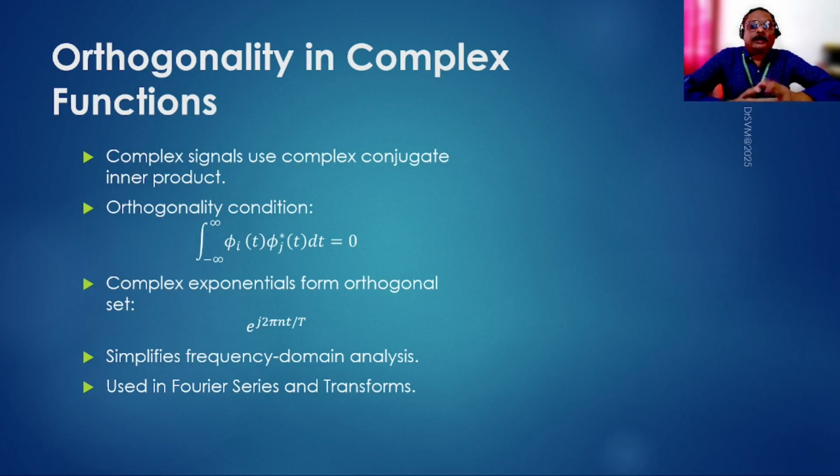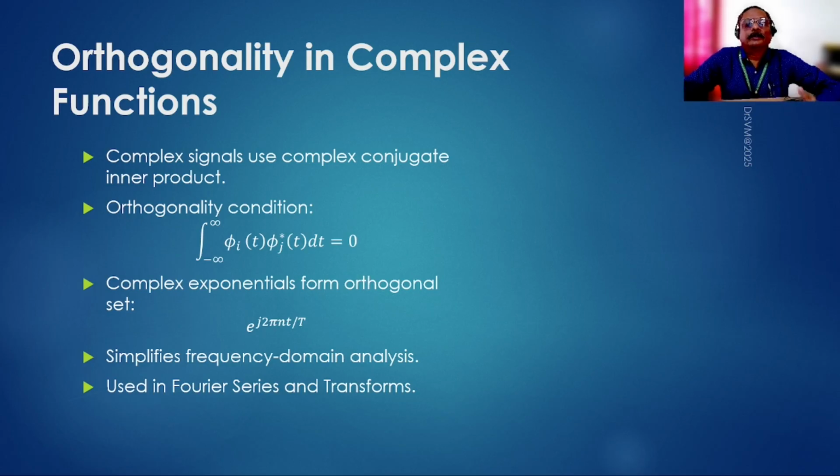Fourier series and Fourier transform make use of two types of signals. One is a sinusoidal and the other one is a cosinusoidal, and they emerge out of the exponential. So the exponential functions, that's complex functions, can be used in the Fourier series and Fourier transforms.